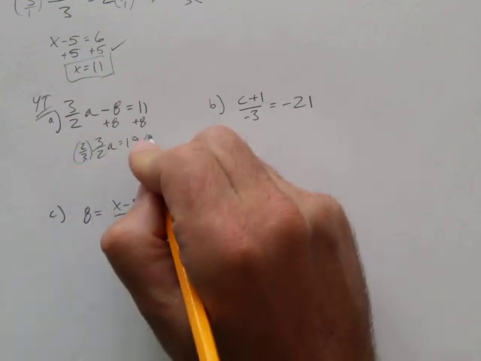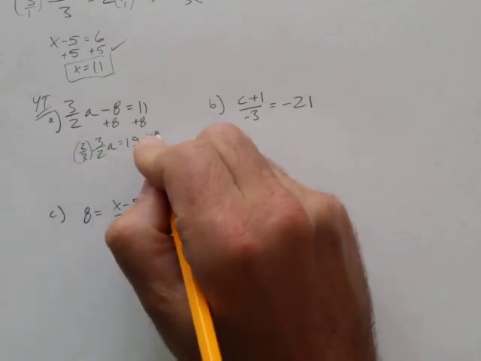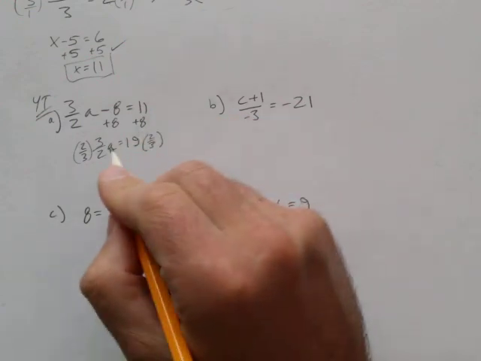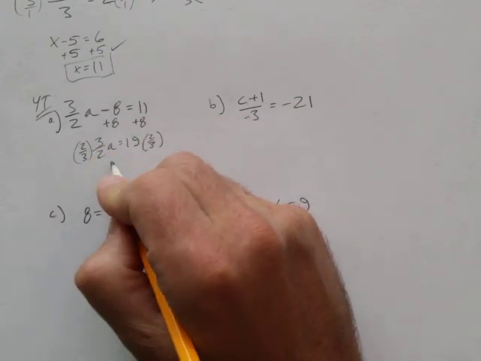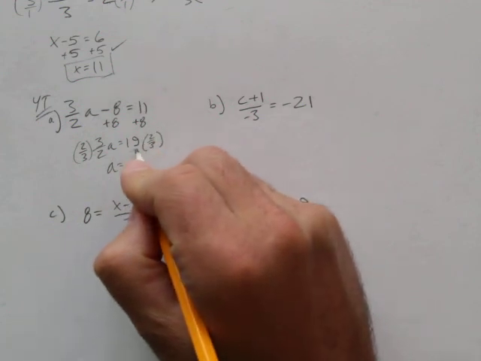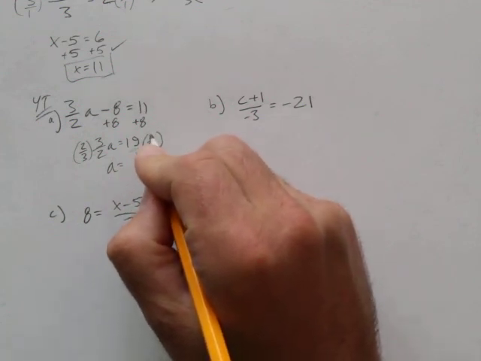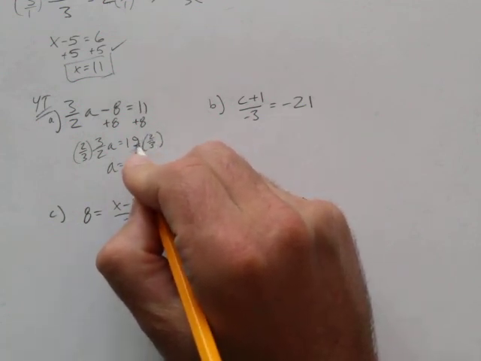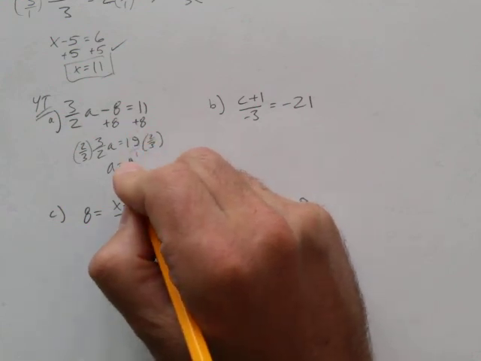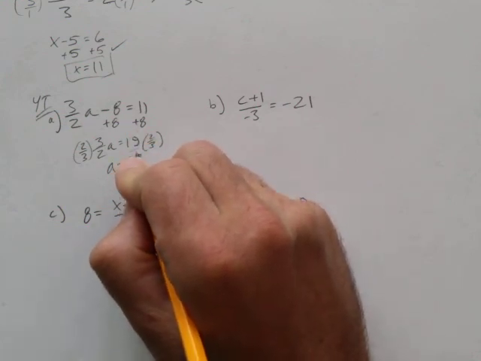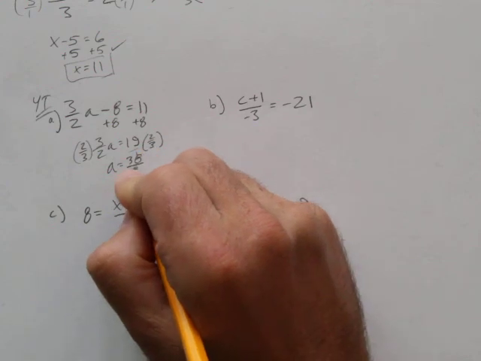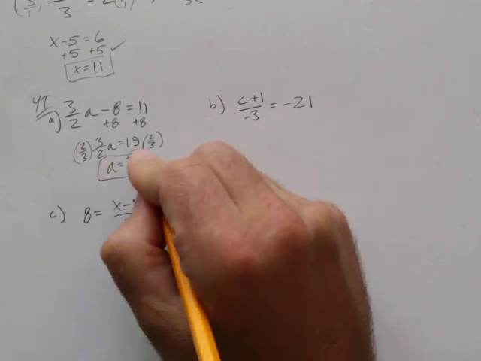I need to multiply by the reciprocal, 2 over 3. And I end up with, this is 1a, equals 19 over 1 times 2 over 3. 2 times 19 is 38 over 3. Kind of gross, but that's the way it is.